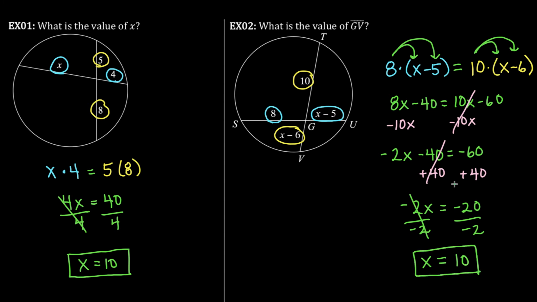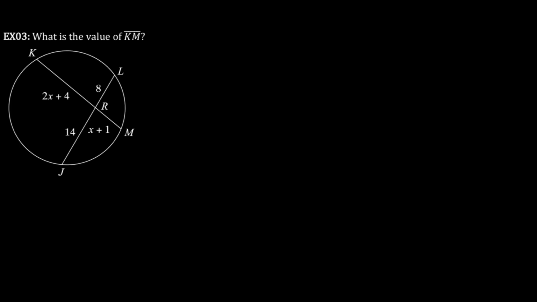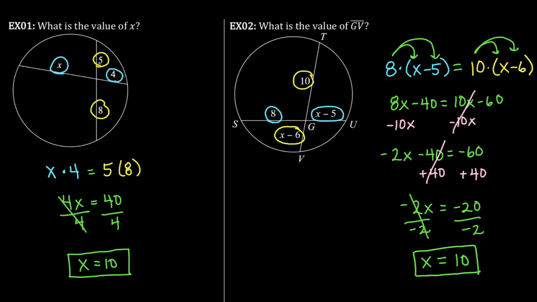All right, we got one more example. Actually, we're not done with that one. It says, what is the value of GV? So GV equals x minus 6. So I get 10 minus 6, which equals 4.